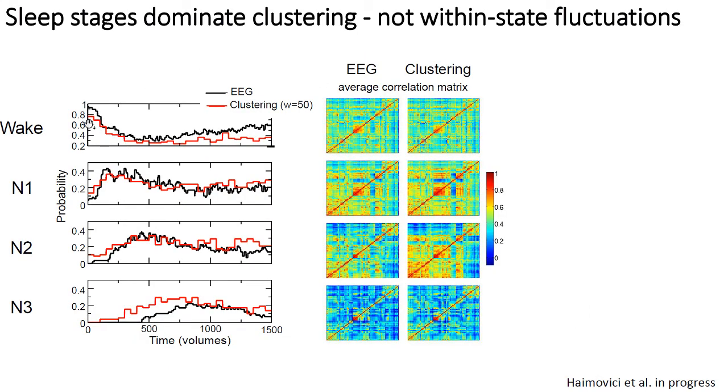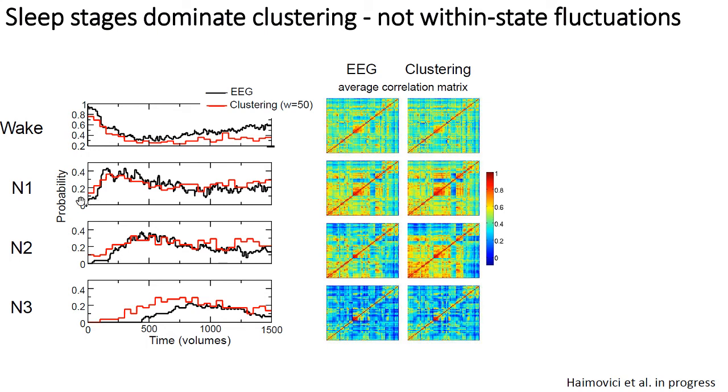And then we can look, for example, at the probability of observing wakefulness over the whole sample and the probability of observing one of the clusters, which is the cluster that, of course, corresponds to wakefulness. And we see that they follow very similar temporal trends. Wakefulness as a function of time in our sample is decreasing because subjects tend to fall asleep, but the likelihood of observing this fMRI cluster is also decreasing, and it more or less matches what happens using the EEG.